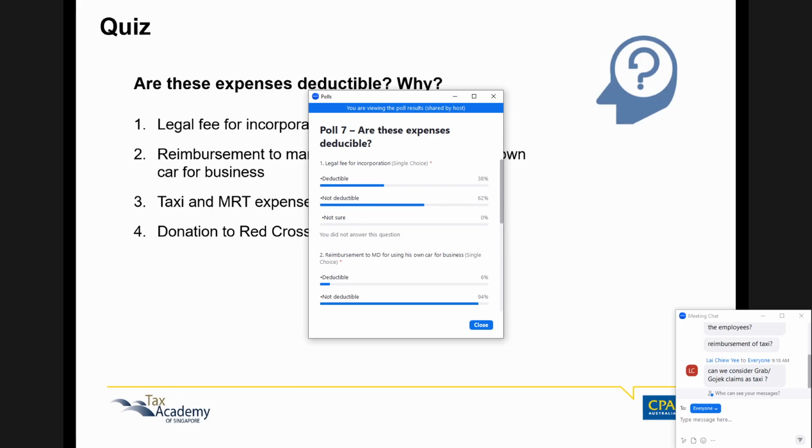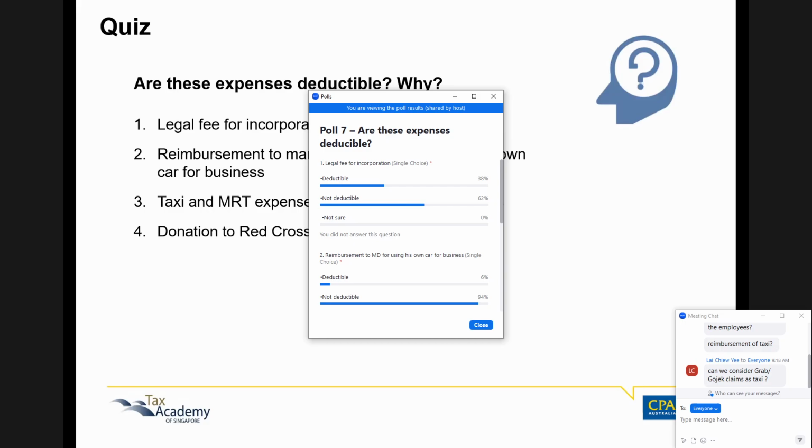Then we have reimbursement to a marketing director for using his own car for business. I think most of you got this one correct. Not deductible. This is what I've been trying to emphasize just now. If it's in the exam, it's a trick question.